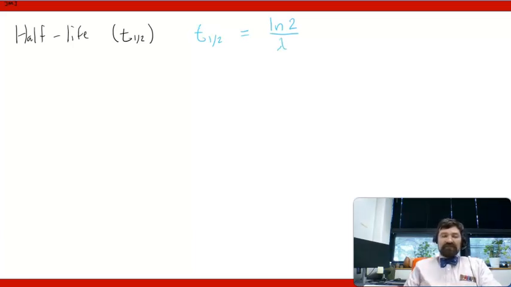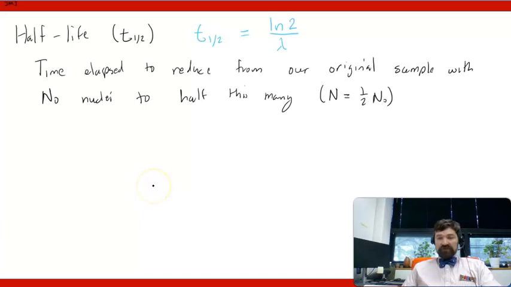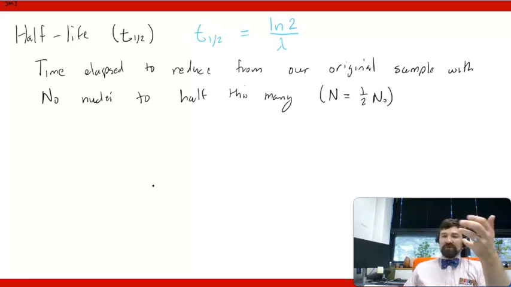So what is the half-life telling us? Well, it's basically telling us how much time will elapse before we've reduced from our starting number of nuclei to half that number. It's worth noting that if we have a little stopwatch and we were able to time this, and we timed one half-life, and then we hit pause and reset it and then restarted it, that after one more half-life, it's sort of like we've reset the number to a new value of N naught, and so after one more half-life, we'll be at another half of that new N naught, which is a quarter of our N value.